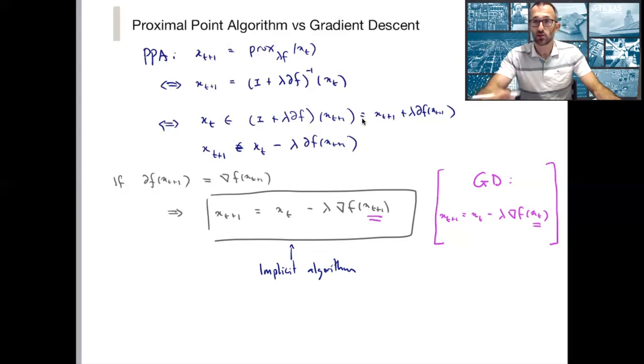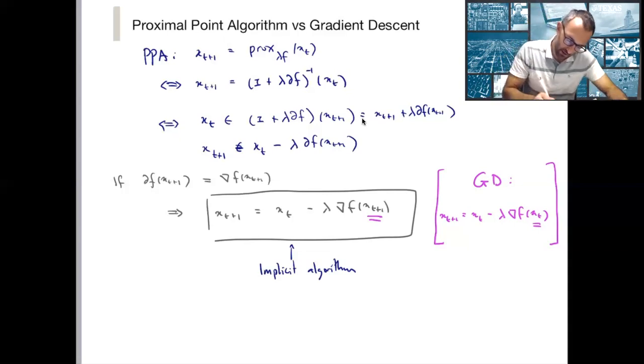So this, in addition to the notation that has an inverse, is why the proximal point algorithm is often called a backward algorithm, whereas gradient descent is called a forward algorithm. So I'll write this down.